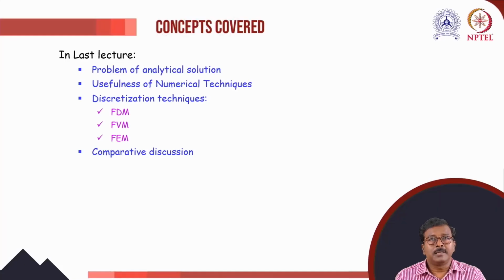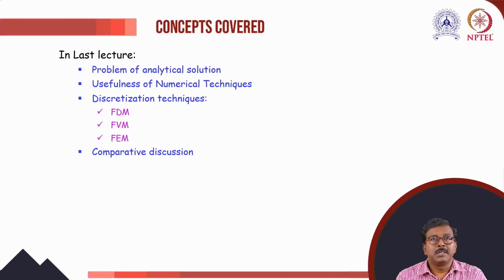In the last lecture, we discussed the different discretization techniques, namely finite difference method, finite volume method, finite element method, and their comparative performance analysis, that is, the merits and demerits of each with respect to the others.